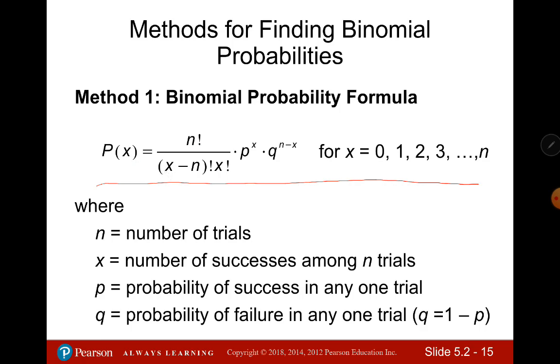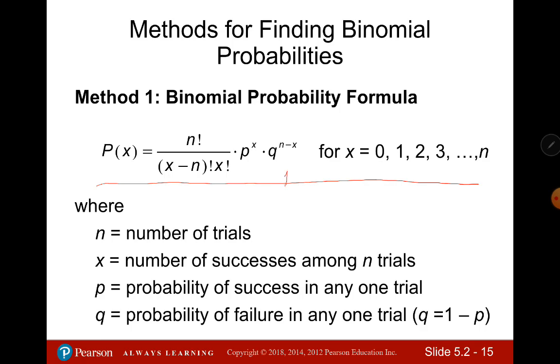Remember what is x? x is how many successes we have. That's the number of successes. And we also need to know the lowercase p and the lowercase q. p always means the probability of a success, and q always means the probability of a failure.